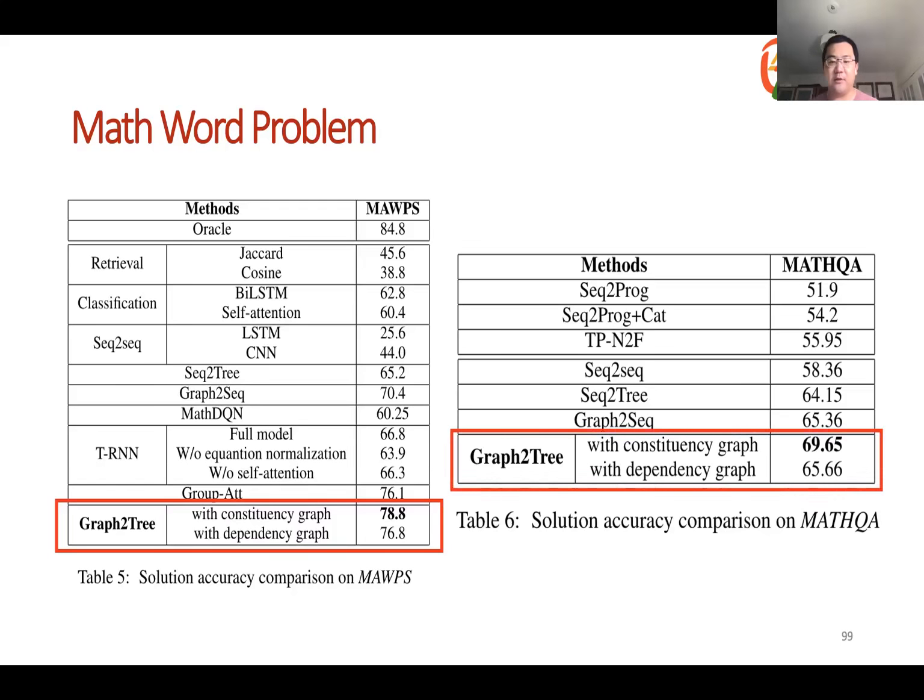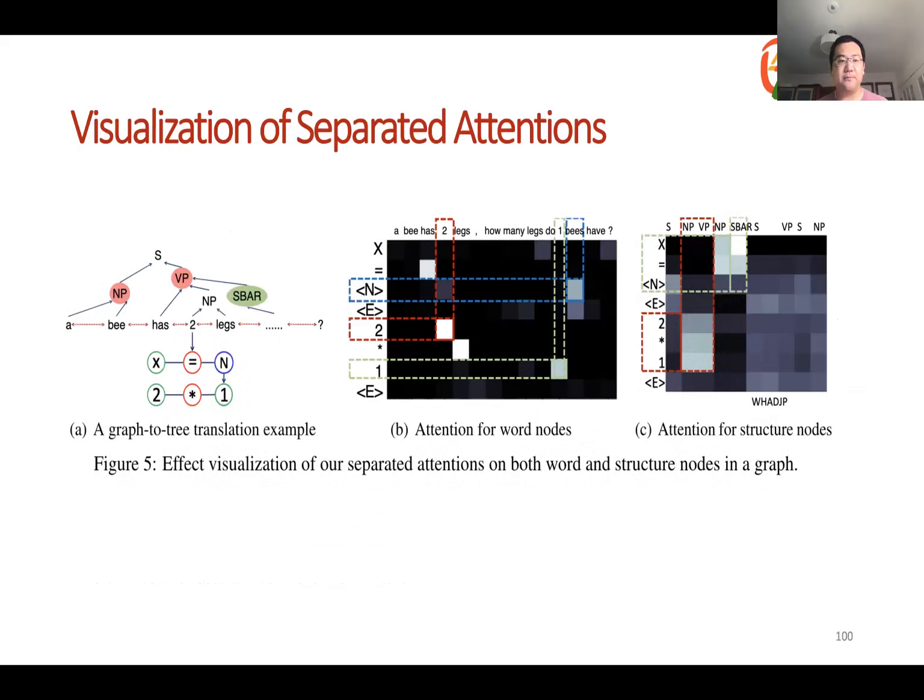We can also see that when we change to different datasets, we still observe very similar results. This is very encouraging, highlighting the importance of learning structured input-output translation using our Graph2Tree model.